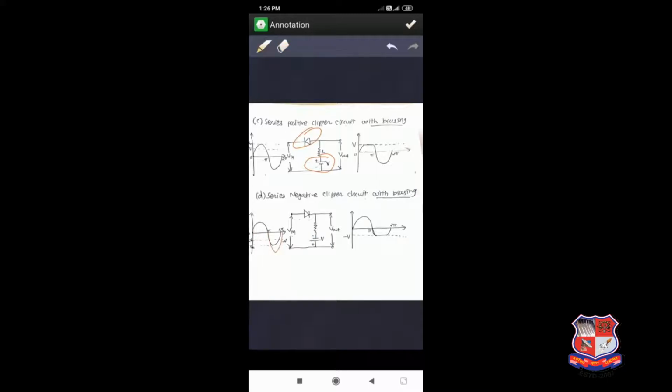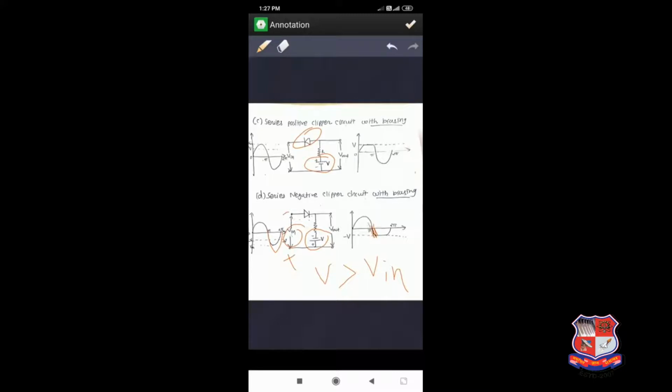then this terminal is minus, this terminal is plus, so the diode is in reverse bias due to this applied voltage, and due to this battery the diode is in forward bias. So when this battery voltage is greater than the input voltage, current flows through it and we get output.